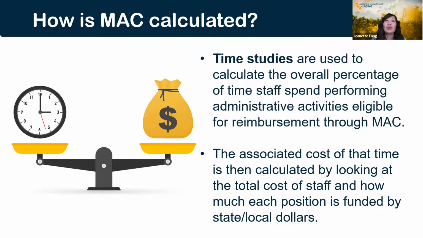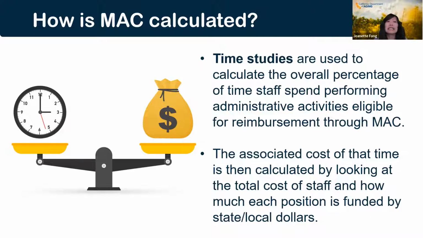Okay, so we know we can get some money back, but exactly how do time studies come into play? So the way that the cost of administrative activities has historically always been calculated is through the use of time studies, and having staff document what they are doing at a given point in time.